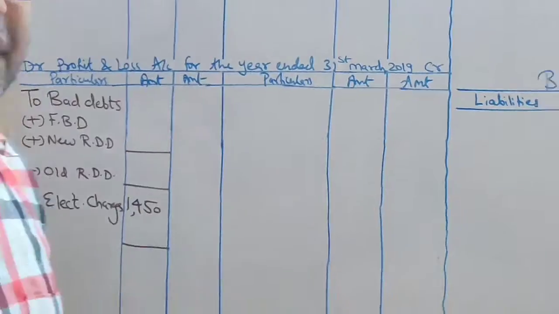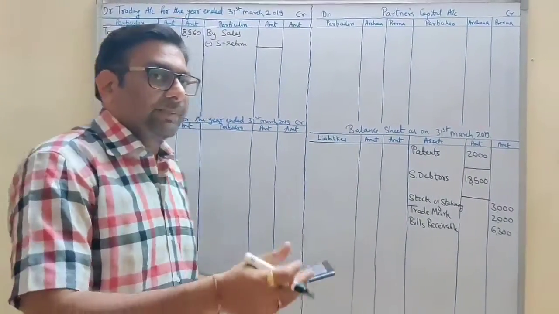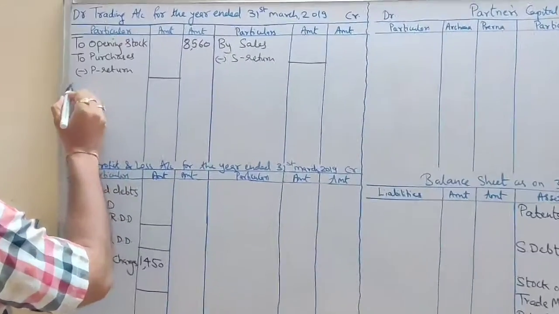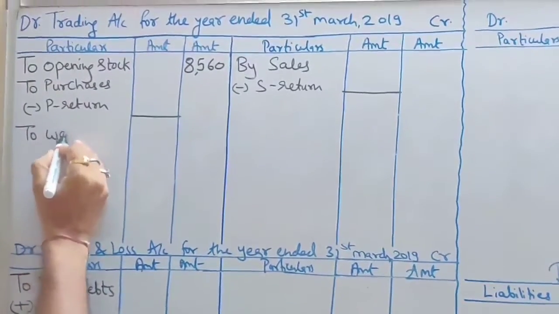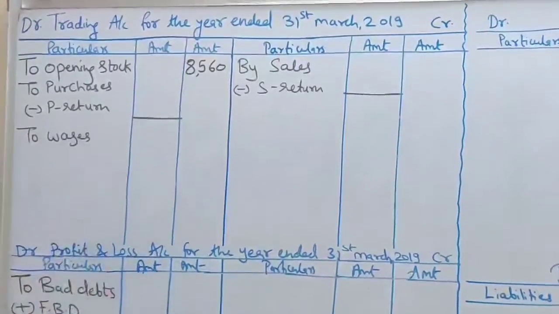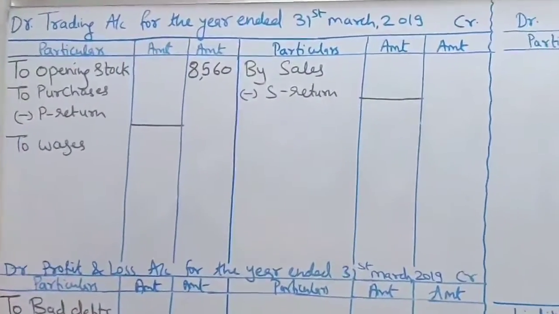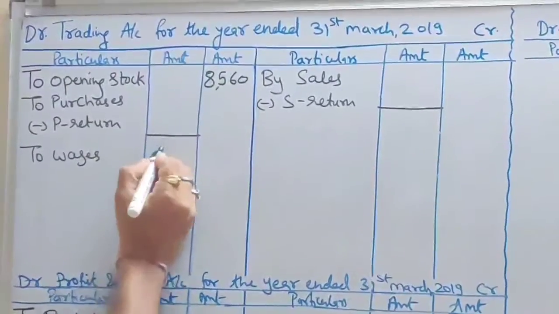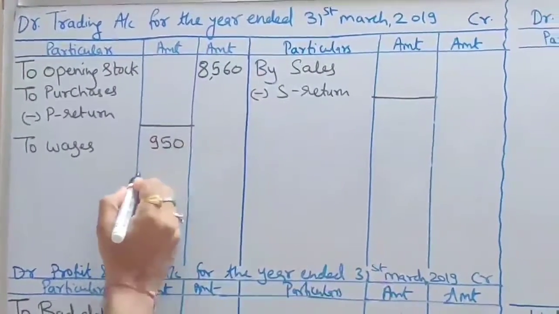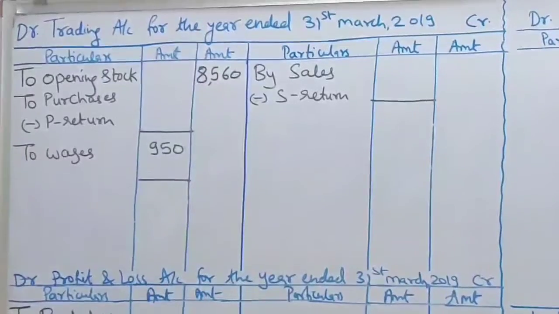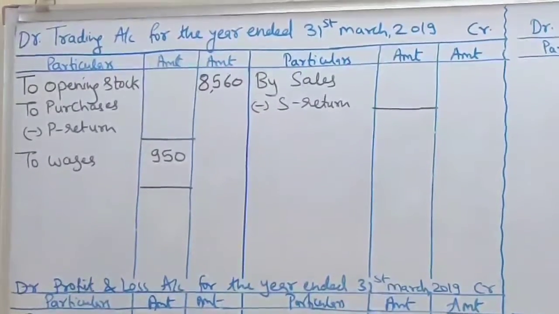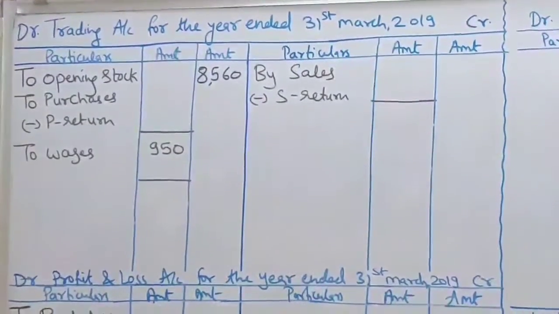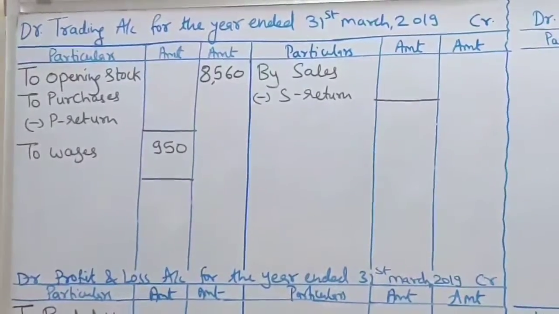Then wages is your expense, it's a factory expense, so it will go in trading account. To wages, and in wages there is an adjustment, so write amount in inner column 950 and leave one line. Then heating and lighting, even this will go in trading account.